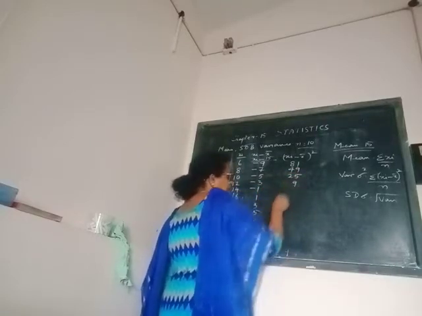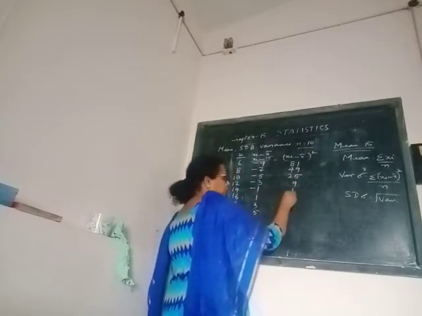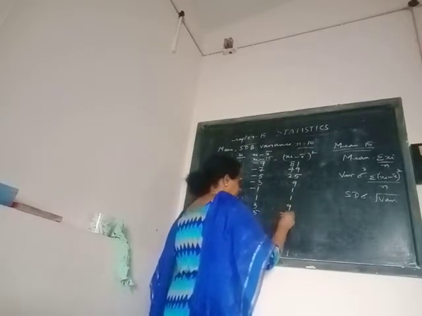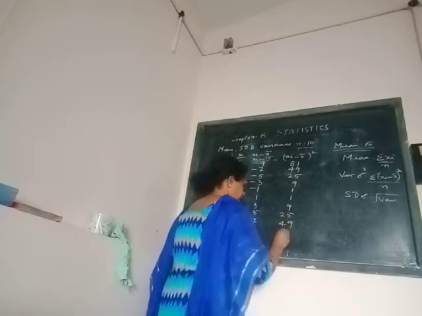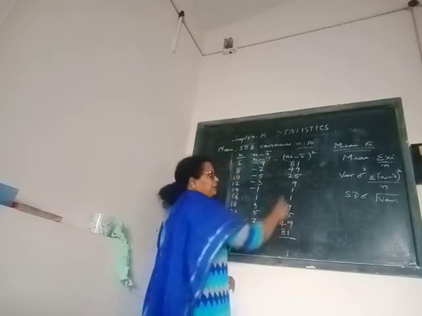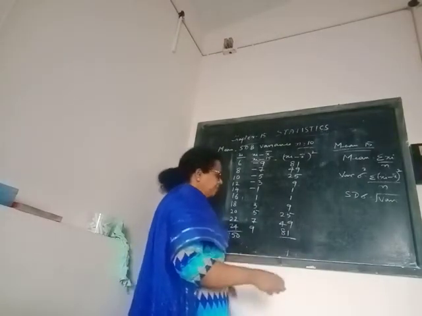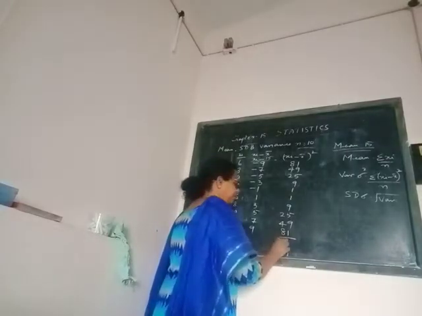Negative 3 squared, 9. Negative 1 squared, 1. Then 1 squared, 1. 3 squared, 9. 5 squared, 25. 7 squared, 49. Then 9 squared, 81. We have to get the sum of this column. We will get the sum as 330.